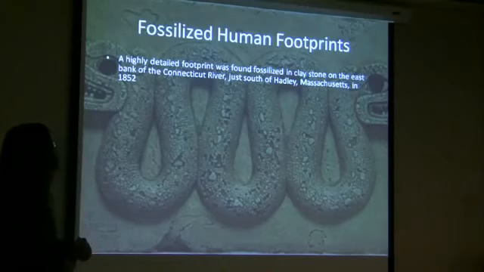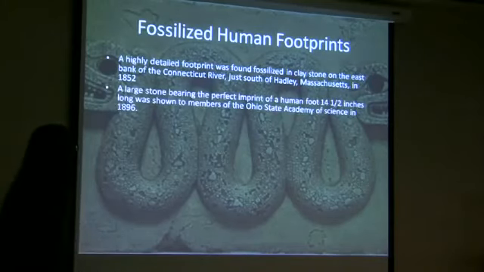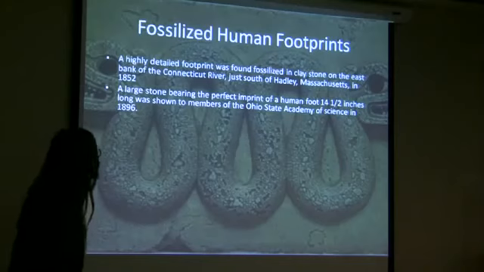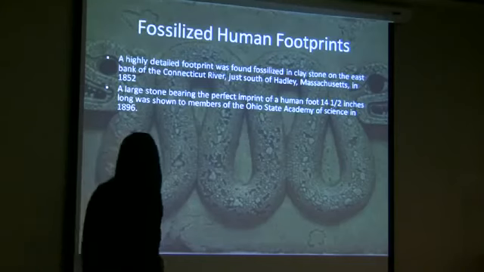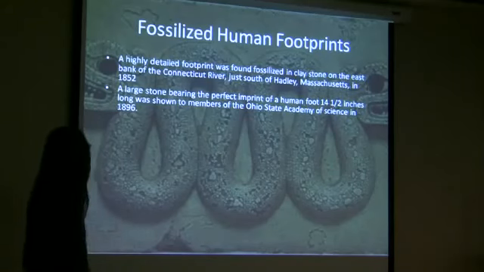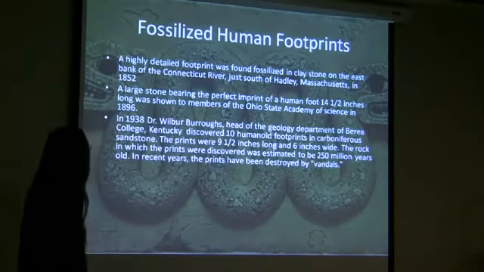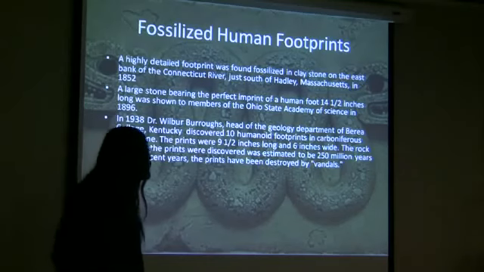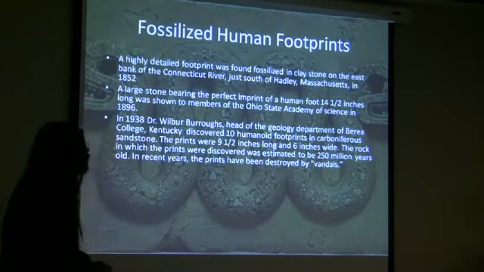A highly detailed footprint was found fossilized in clay stone somewhere in Massachusetts in 1852. A large stone bearing a perfect imprint of a human foot, 14.5 inches long, was shown to members of the Ohio State Academy of Science in 1896. In 1938, some guy who was head of the geology department in Kentucky discovered 10 footprints in a type of sandstone.